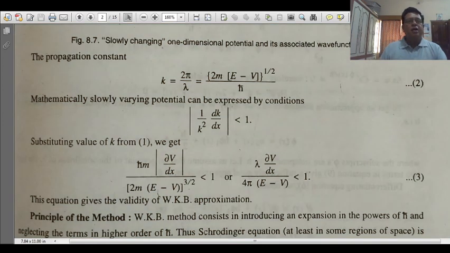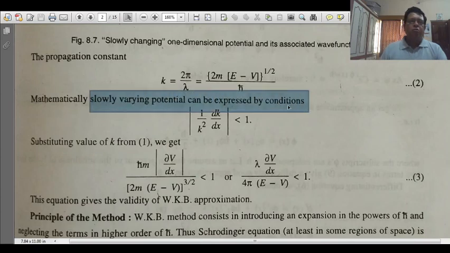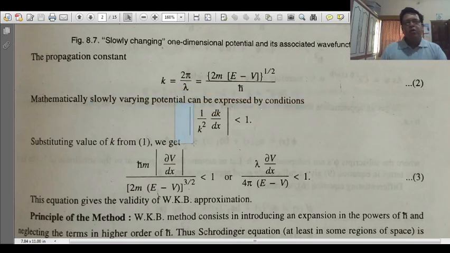Now the main condition imposed for the WKB method: a mathematically slowly varying potential can be expressed by the magnitude of 1 upon k squared, dk upon dx, less than 1. This is the main condition for the WKB method, because it can be applied only for slowly varying potentials.